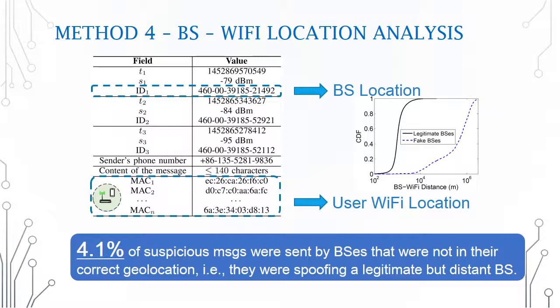But doing so would be counterproductive because if a fake base station with a nearby legitimate base station ID sends a location update request, the user mobile is going to do a selection criteria and is going to think that the new location update it is getting from the nearby fake base station is not too far off, and so there is no reason for the mobile user to move to a newer base station, and it is okay for it to be happily connected to the existing base station.